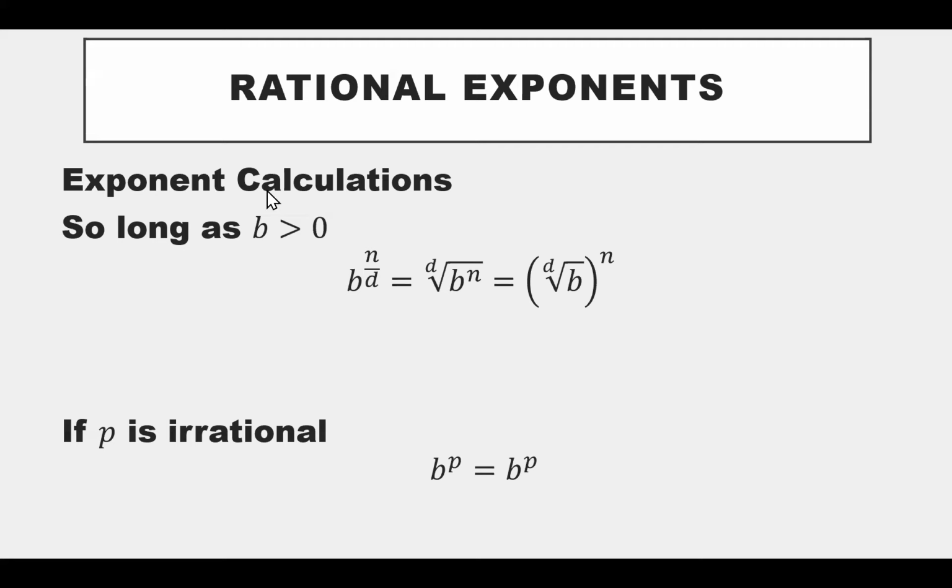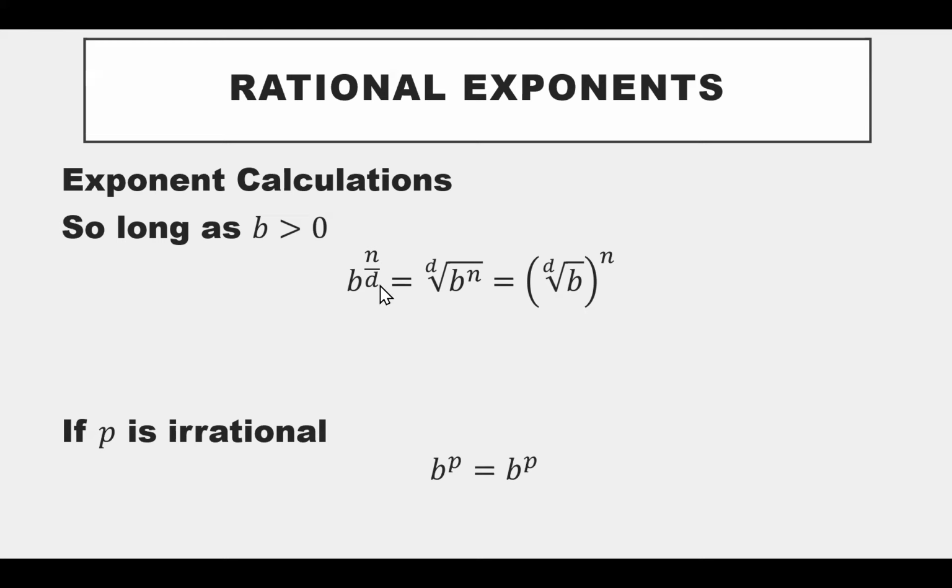So if we have to do exponential calculations, like I said, with that 26 over 5, as long as our base is positive, we can always do the exponential calculation this way. We can take the dth root of b to the nth power, or the dth root of b and then raise it to the nth power.